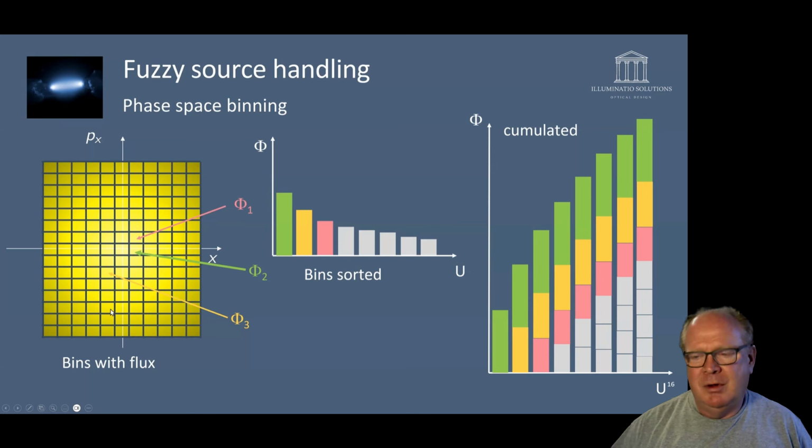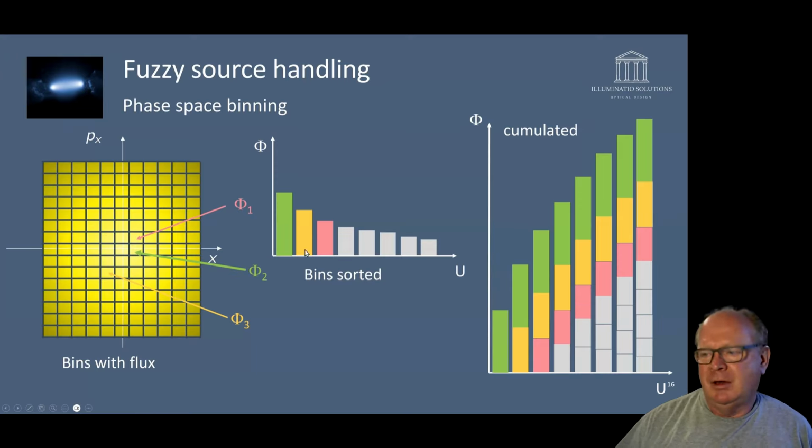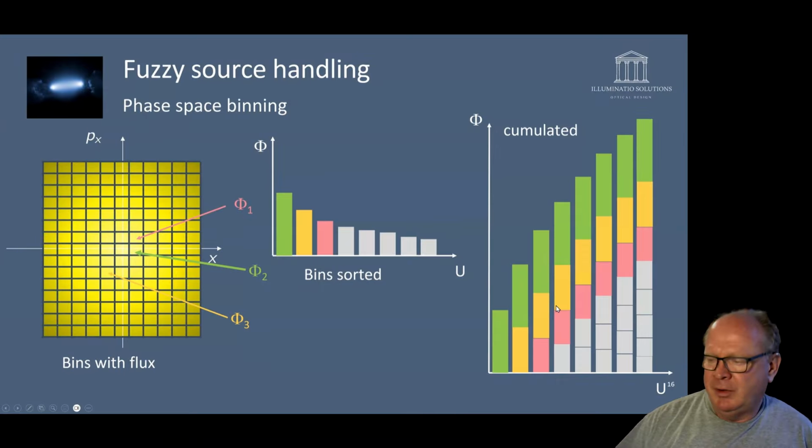And then you look at all the 10,000 bins you have from your source with the flux, and you sort them by luminance. Or if they are of equal étendue, then you can sort them by flux, and then you get all those bins. And the next plot derived from this one is you make a cumulated plot.